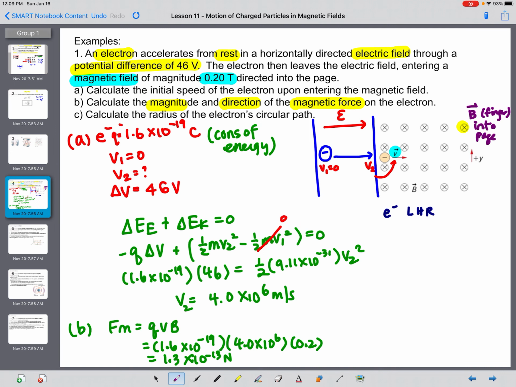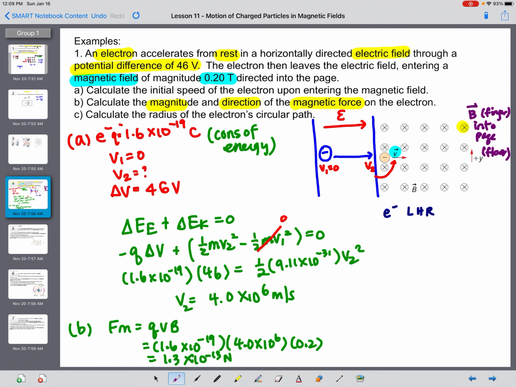And if your paper is flat on the table, you should be pointing towards the floor, the ground of your house. So point your fingers downwards towards your feet, towards the ground, with your thumb. Which hand are you using, left or right? Make sure you are using your left hand because we're doing electrons.